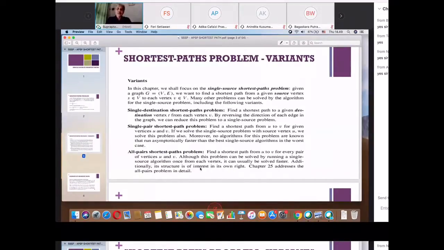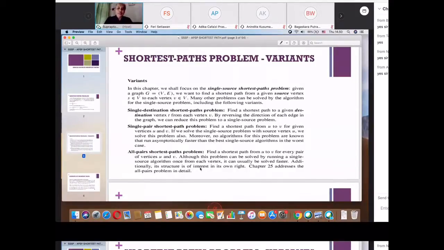Now you have one source to every other vertex in the graph, but when you face the single destination shortest path problem, you have one destination from every other vertex in the graph. You have to determine the shortest path from every other vertex in the graph to the single destination. That's reverse, right? Just reverse the direction of the graph, then you will get the single destination shortest path problem.